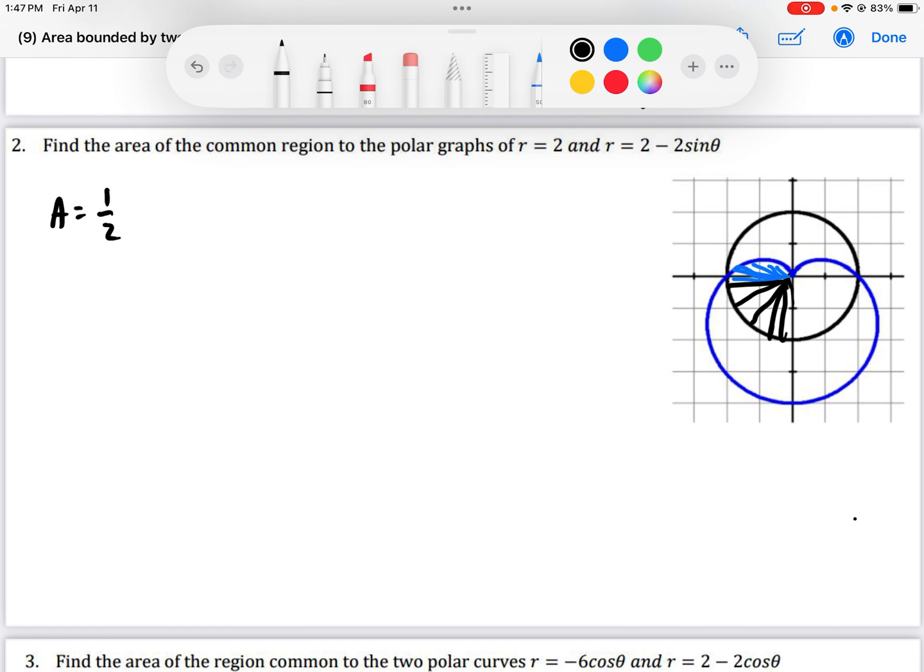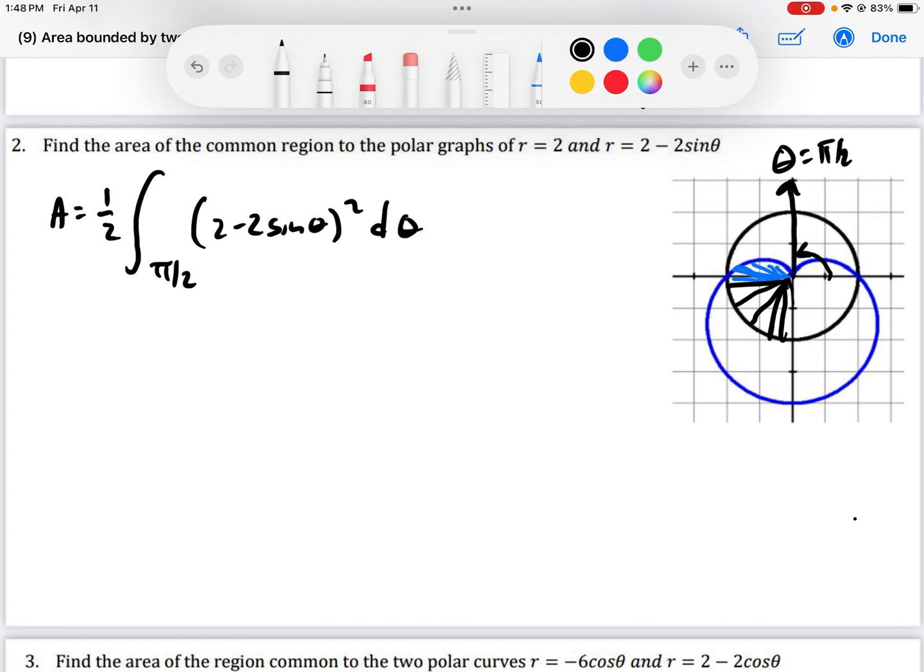So this area is going to be equal to 1/2 the integral, on the part that I have drawn, starting when theta is equal to pi over 2, using that blue function, 2 minus 2 sine theta squared, d theta, till theta is pi.